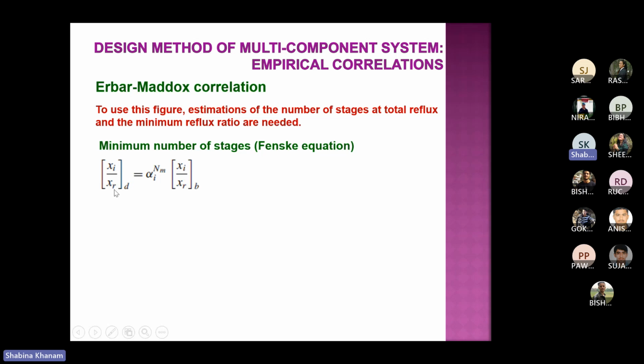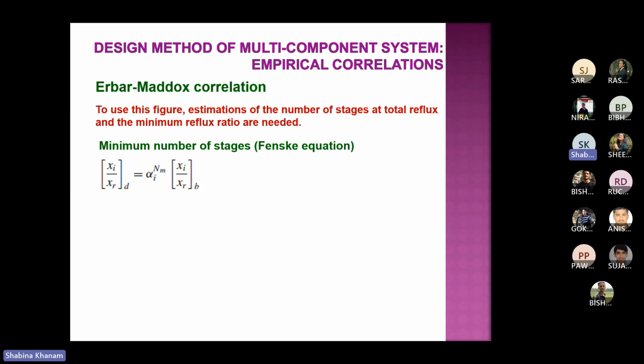Xr is the reference component, the component to be referred, and usually in a multi-component system that reference component is nothing but the heavy key. And that is equal to alpha i to the power Nm times xi by xr for the bottom. So this is for distillate, this is for bottom.